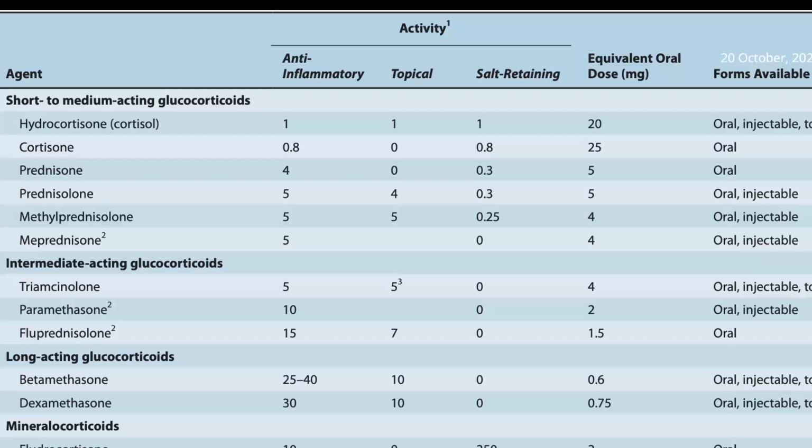And we have also mineralocorticoid like fludrocortisone, which is present in our market. There is another mineralocorticoid like desoxycorticosterone acetate. So the glucocorticoid can be classified according to duration of action: short, intermediate, and long acting.